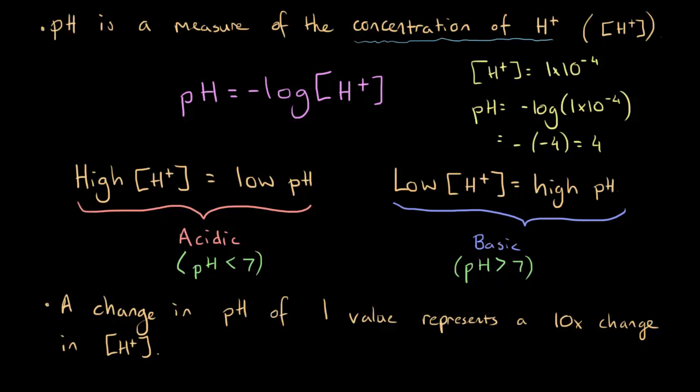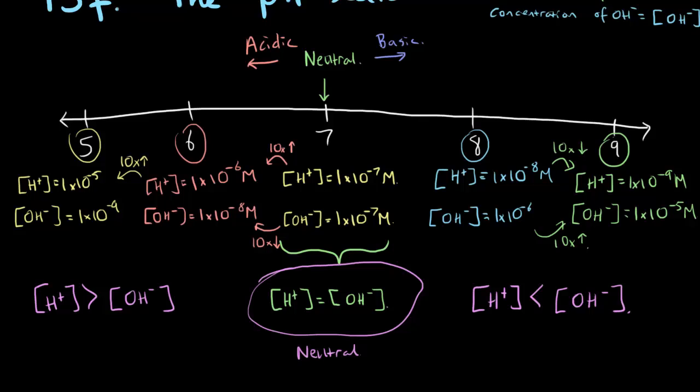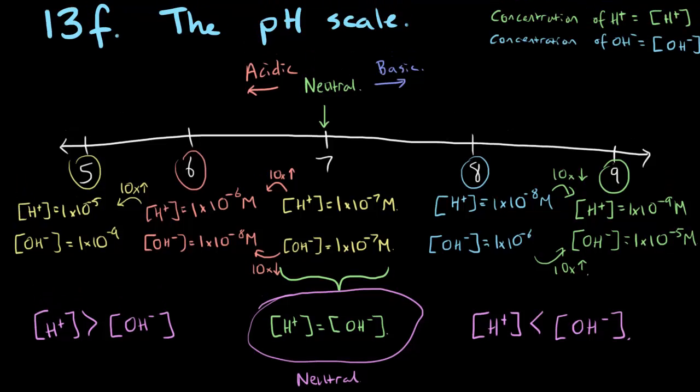What you need to know from this, you definitely need to know that pH of 7 is neutral, less than 7 is acidic, greater than 7 is basic. You need to understand the link between changes in the pH scale and what effect this is having on concentration of H+ and concentration of OH-, which is what I mentioned with that 10 times increase and 10 times decrease thing.